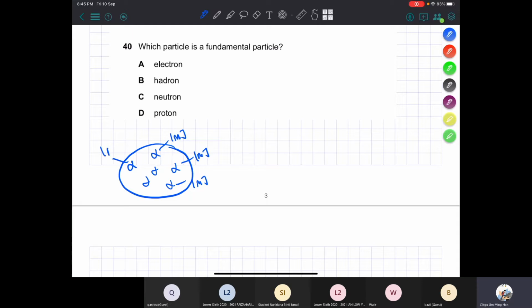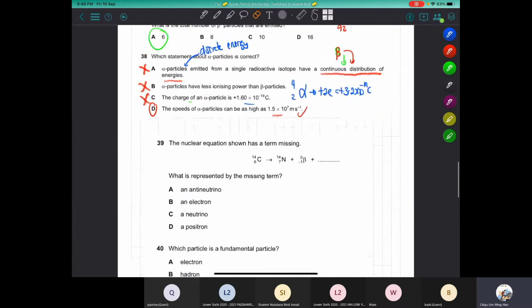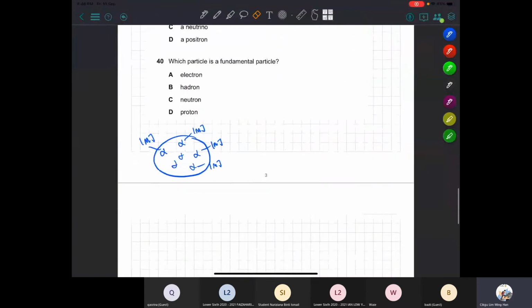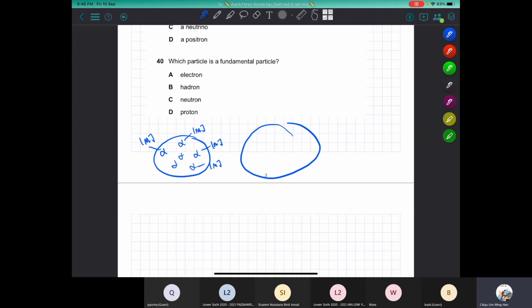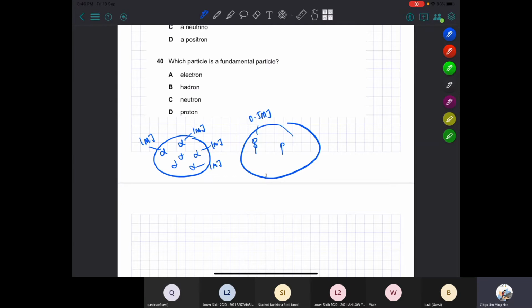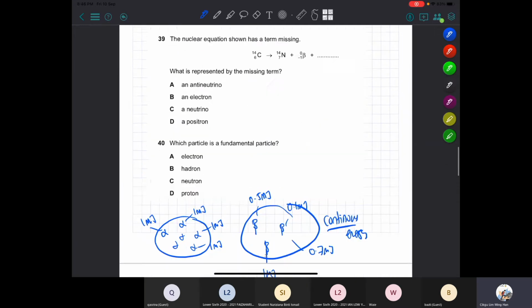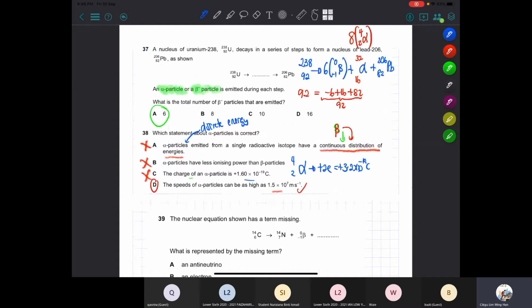All the same. For beta, there are many kinds. This one maybe 0.5 millijoule, this one maybe 0.1 millijoule, this one maybe 1 millijoule, this one maybe 0.7 millijoule. That's why it is continuous. There is a continuous distribution of energy. So that's the idea. Alpha is discrete energy.